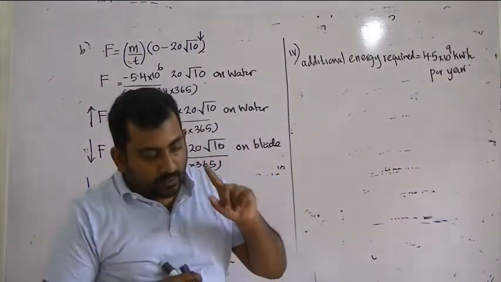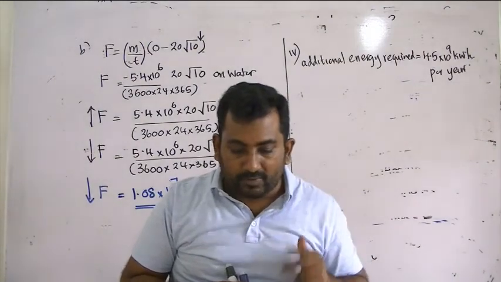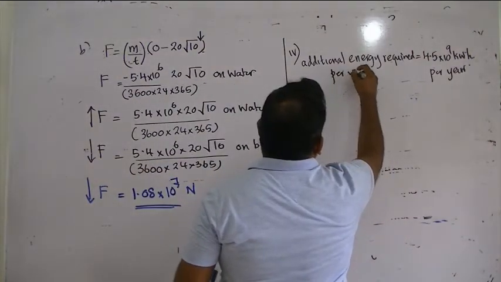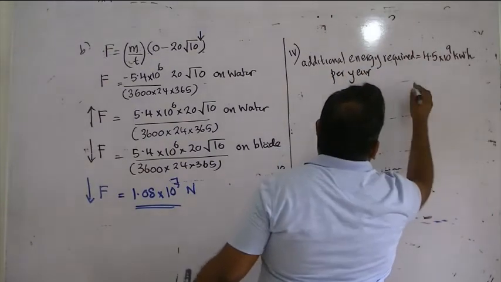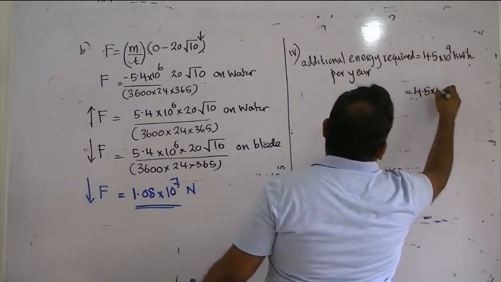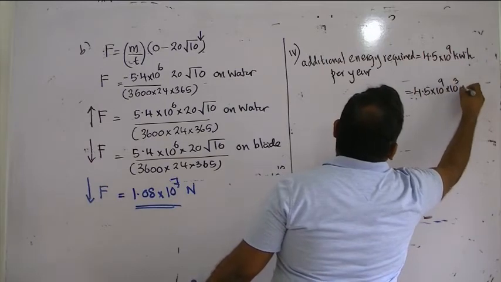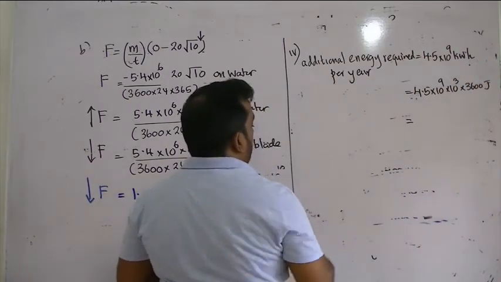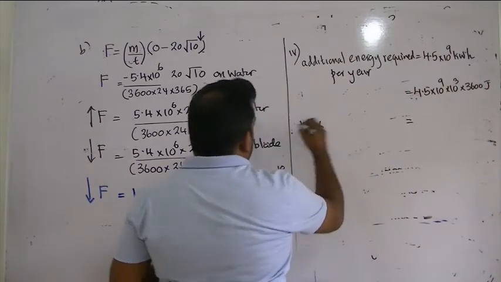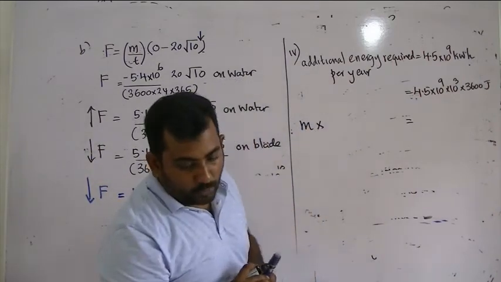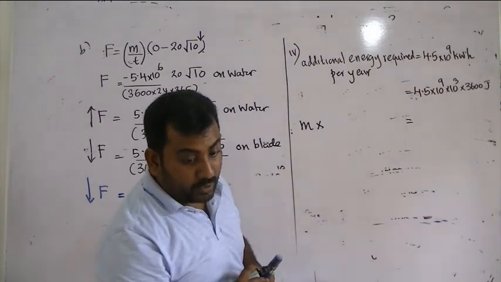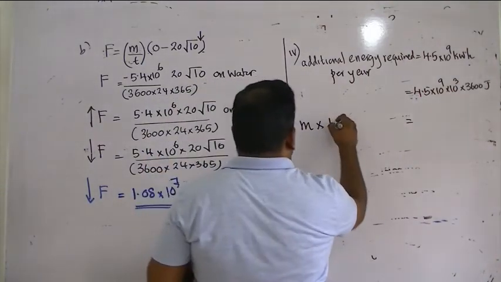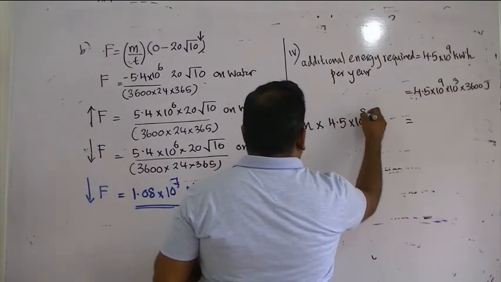Okay. 1 kilogram of coal gives 4.5. Calculate this per year. So 4.5 times 10 to the power 9 kilowatt hour, times 3600 joules. N kilograms, 1 kilogram will give you 4.5 times 10 to the power 5 kilojoules, or 4.5 times 10 to the power 8 joules.